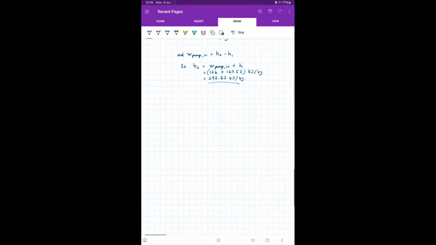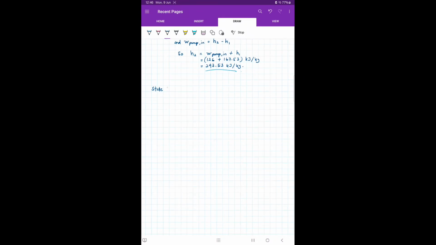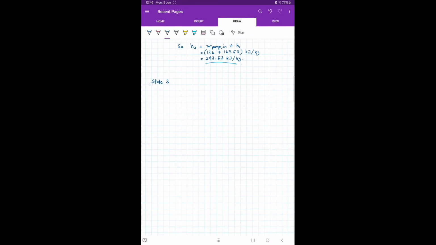Now we proceed to state 3, because we know state 3 also changes when we increase the temperature and the pressure in the boiler, that is, the inlet steam to the turbine. So for state 3, pressure is equal to 12.5 MPa, and the new temperature is 500 degrees Celsius.